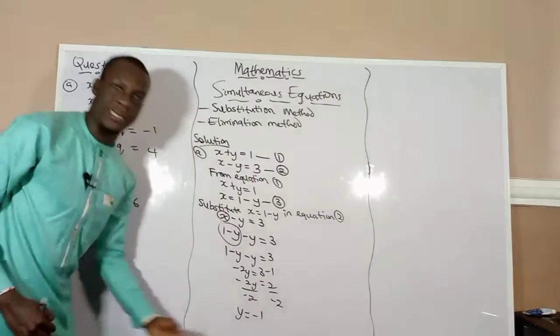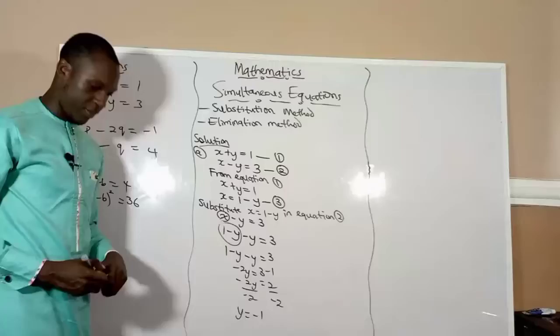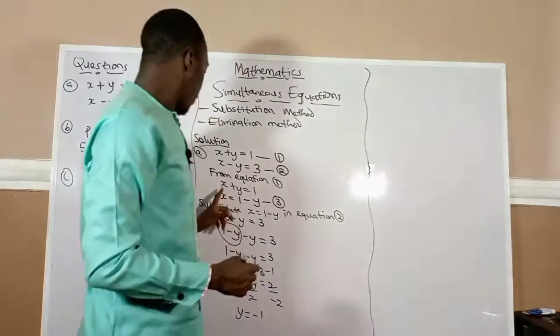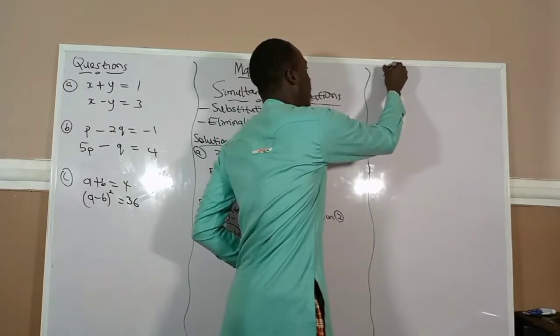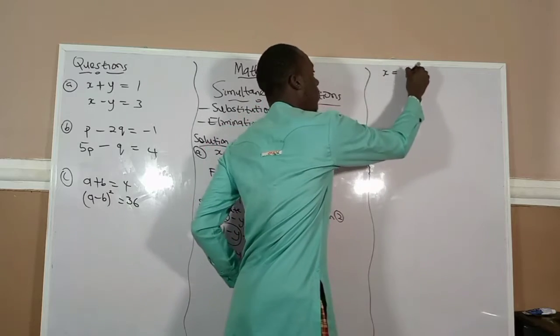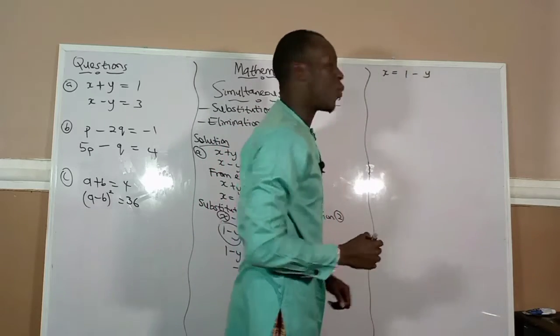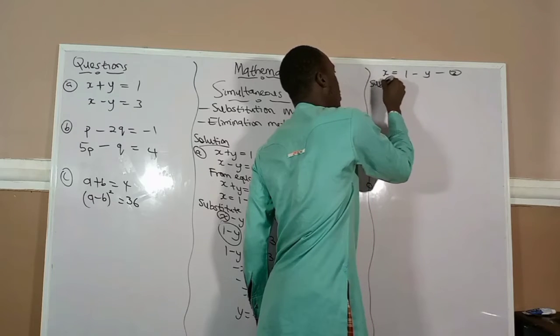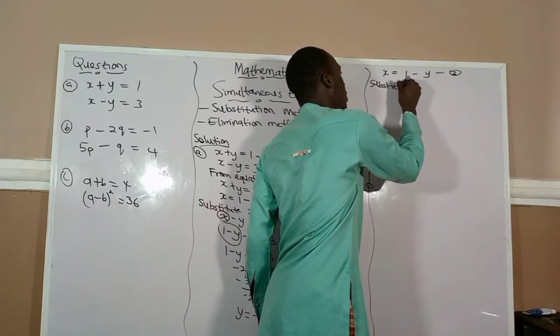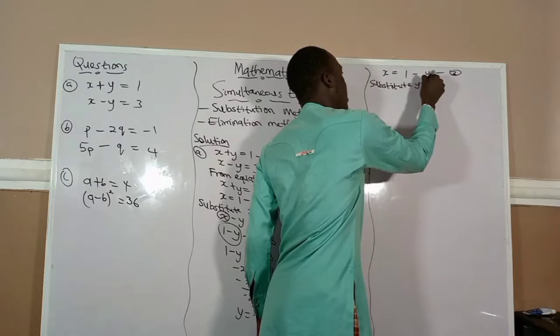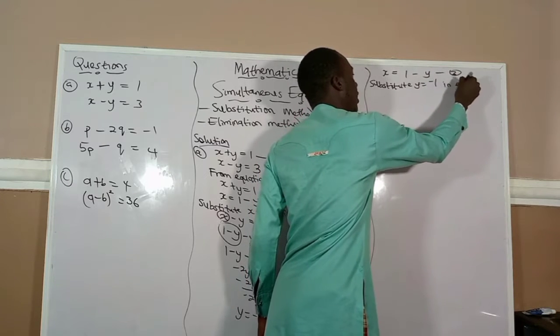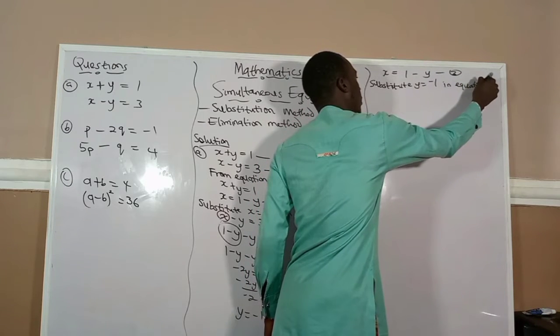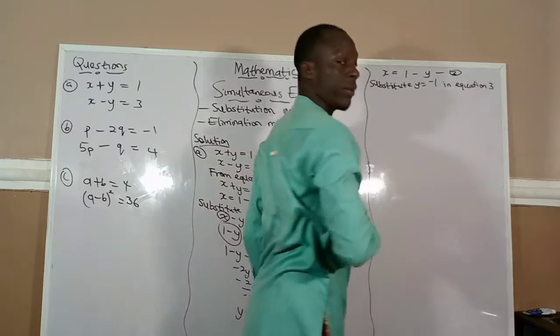Having gotten this, what is x? Coming over here, I have that my x equals 1 minus y. This is equation 3. So what you do is substitute y equals minus 1 in equation 3.